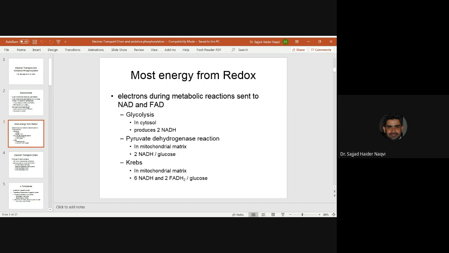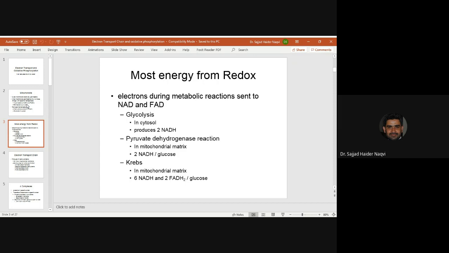So let me summarize: with one molecule of glucose, 2 NADH are produced in the cytoplasm, 8 molecules of NADH are produced in the mitochondrial matrix, and 2 molecules of FADH2 are produced in the mitochondrial matrix.